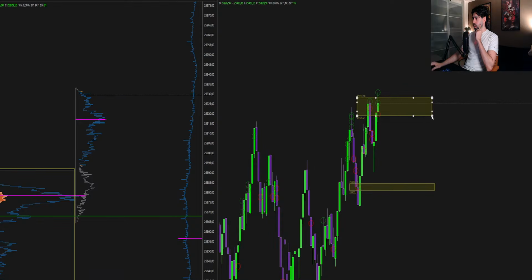Oh my god. I think Deepcharts has to fix their annotations because this is so slow. Aggressive sellers trying to push lower, aggressive buyers. Okay, let's see.